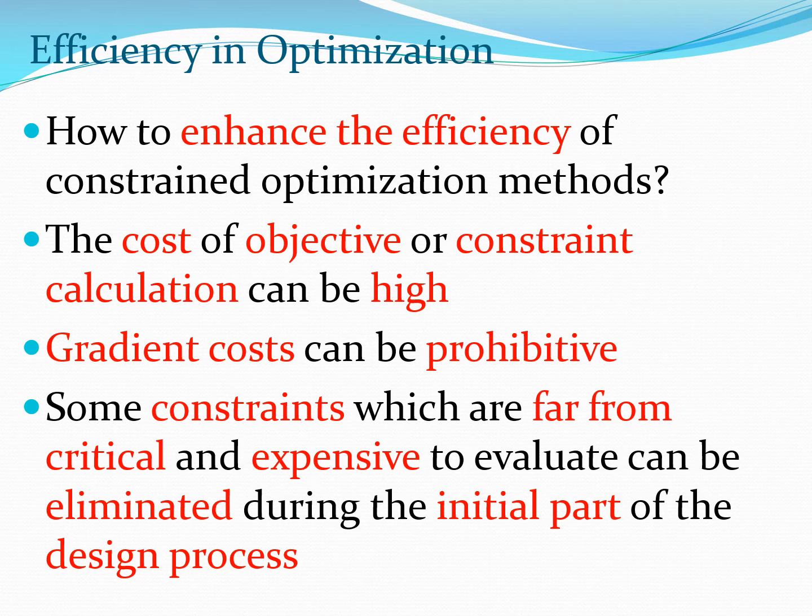Now, one of the things you can do is that you can look at your problem carefully and see if there are some constraints which are not critical. That is, they are actually quite well satisfied or deeply satisfied at your current design points. And therefore, you may actually remove these constraints from your optimization problem when you first solve this optimization problem.